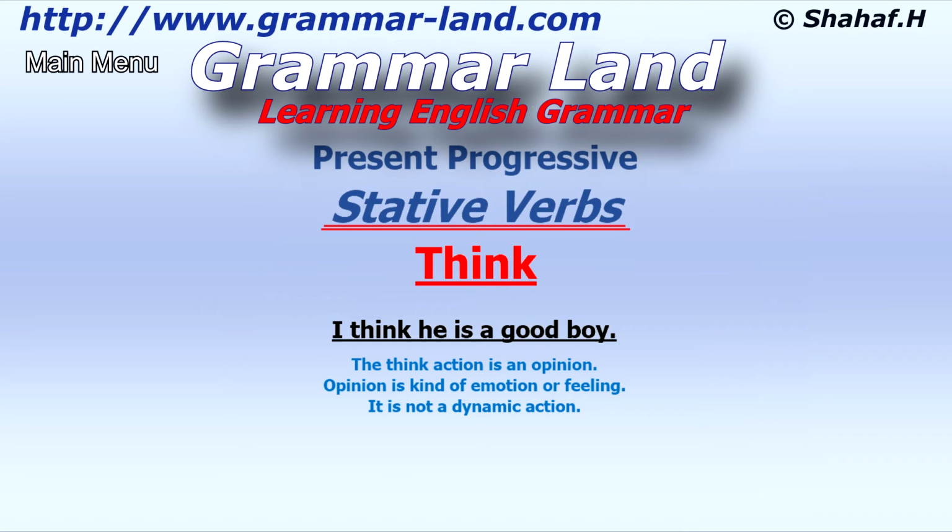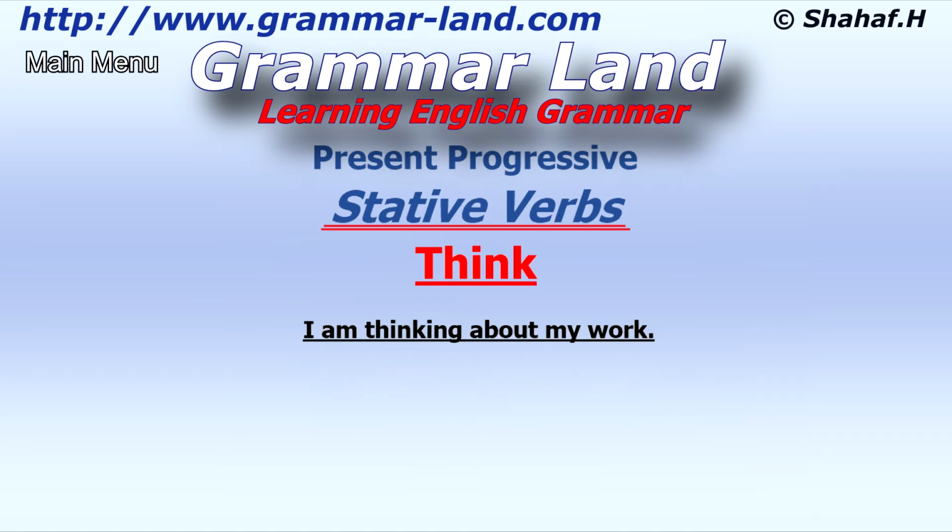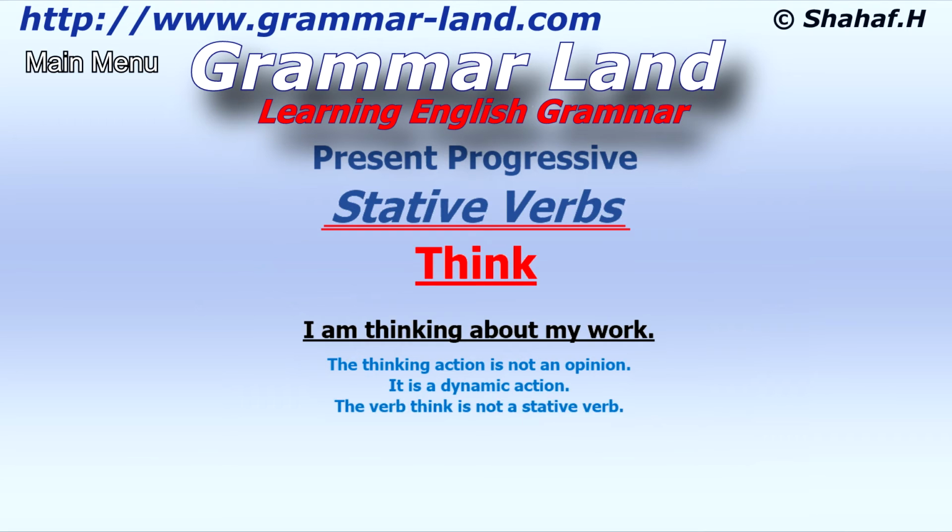We act just as if it was the present simple tense. I am thinking about my work. In this case, the thinking action is not an opinion. It is a dynamic action, therefore, the verb think is not a stative verb. We handle it as present progressive, adding am before the verb, plus ing.